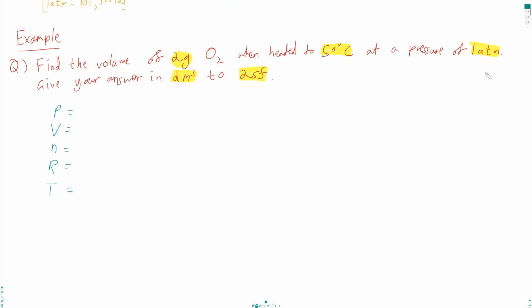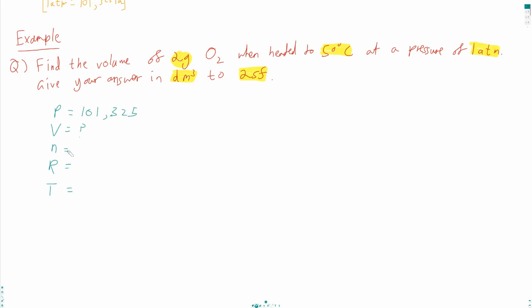So pressure is 1 atm. We know that 1 atm is equal to 101,325 Pa. Our volume we need to find, so that is our question mark.